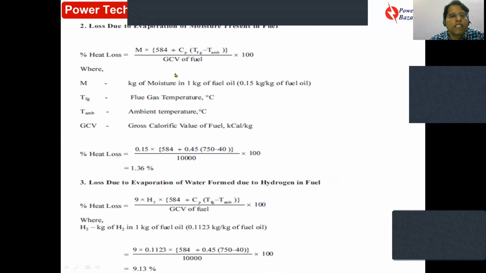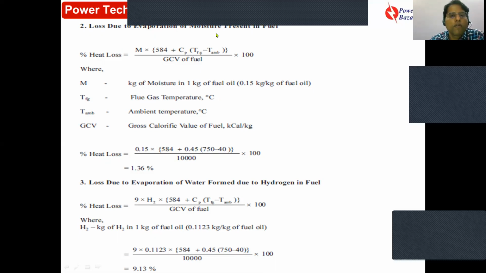If I apply this, M is the moisture, 0.15, because this is the normal moisture in furnace oil, which we can remember. So 0.15 into 584 plus 0.45, the specific heat of the moisture, into 750 minus 40. So this becomes 1.36% is the heat loss due to evaporation of moisture present in the fuel.